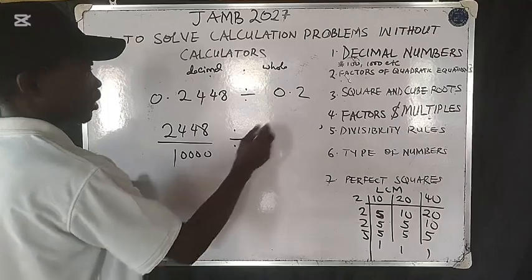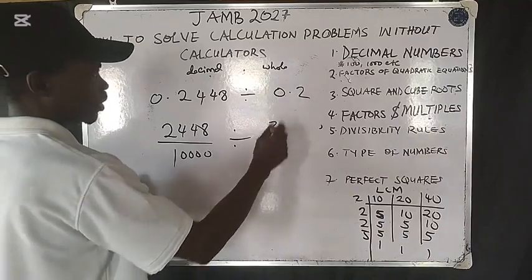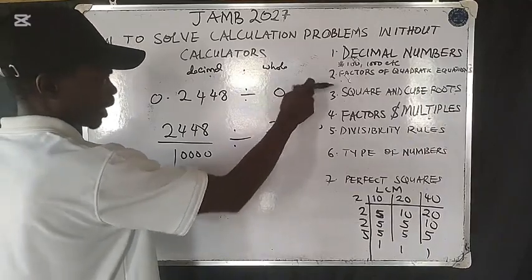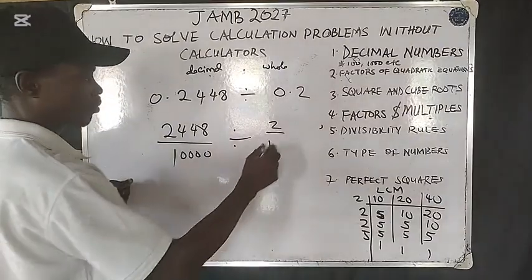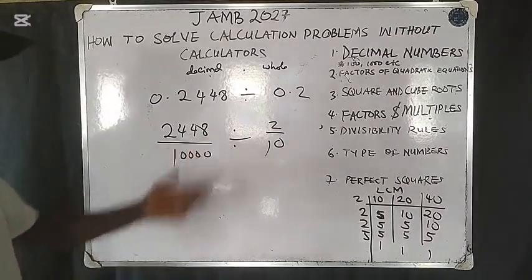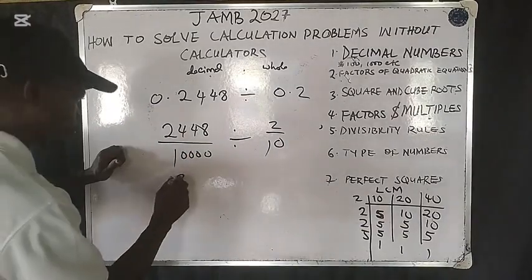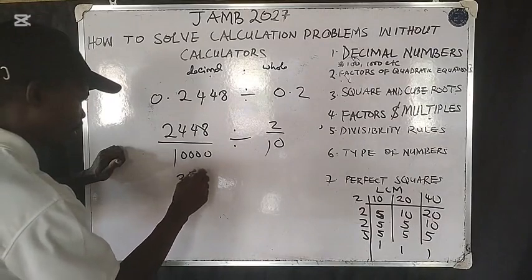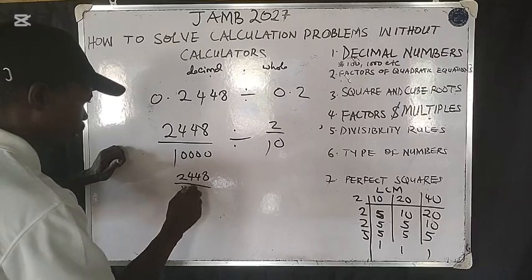Divide. You write your 2 over 1. After your decimal point, to your right, how many digits? 1. So you have turned it to a fraction. So you have 2448 over 10,000.